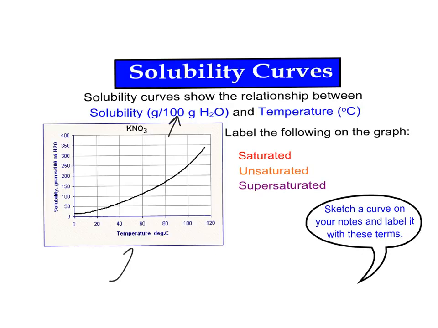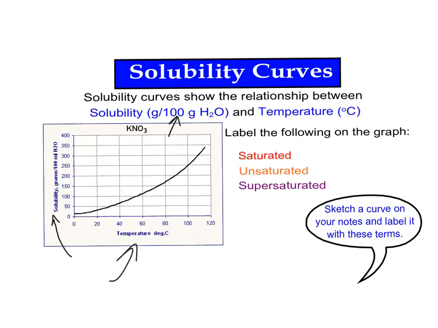So we have temperature down here on the x-axis, and solubility over here on the y-axis. By experimentally determining how much stuff can dissolve at a particular temperature, you can make these nice curves, these nice graphs. You're going to have to know how to read these graphs and understand these certain areas.